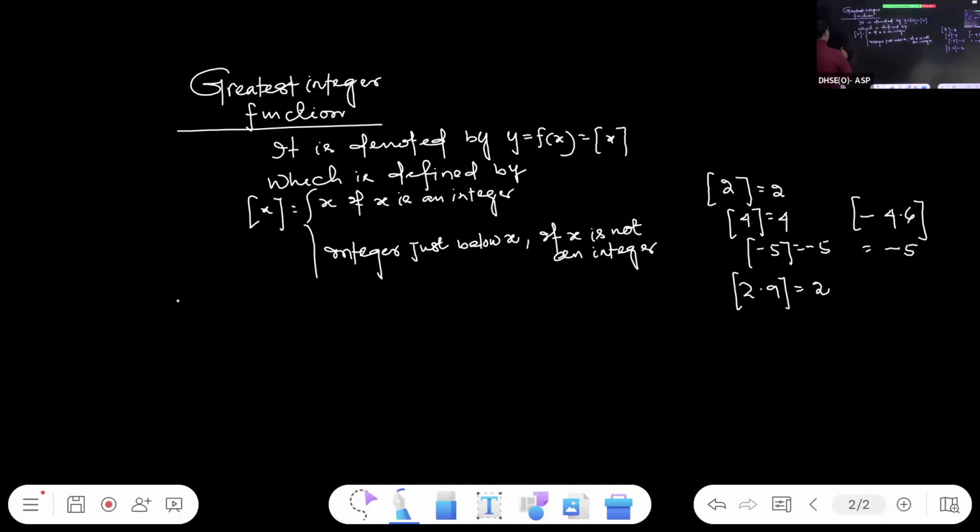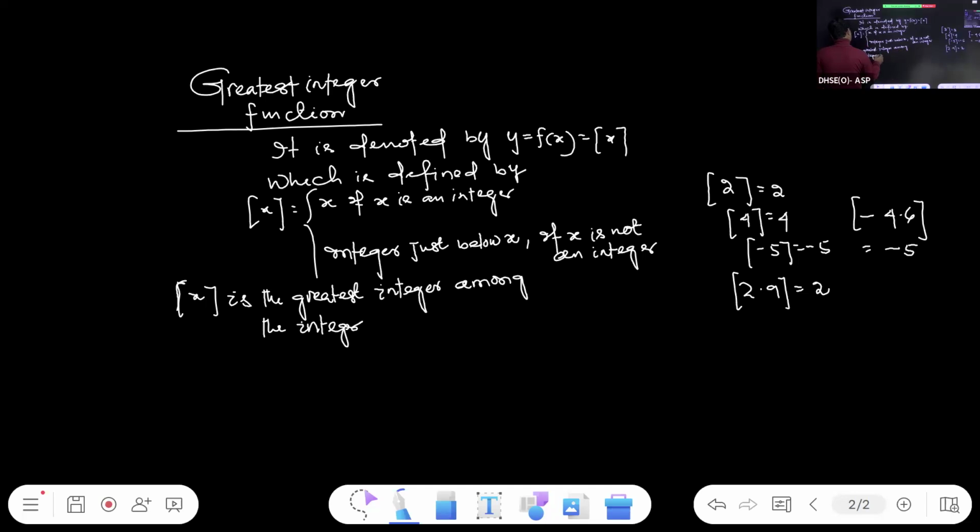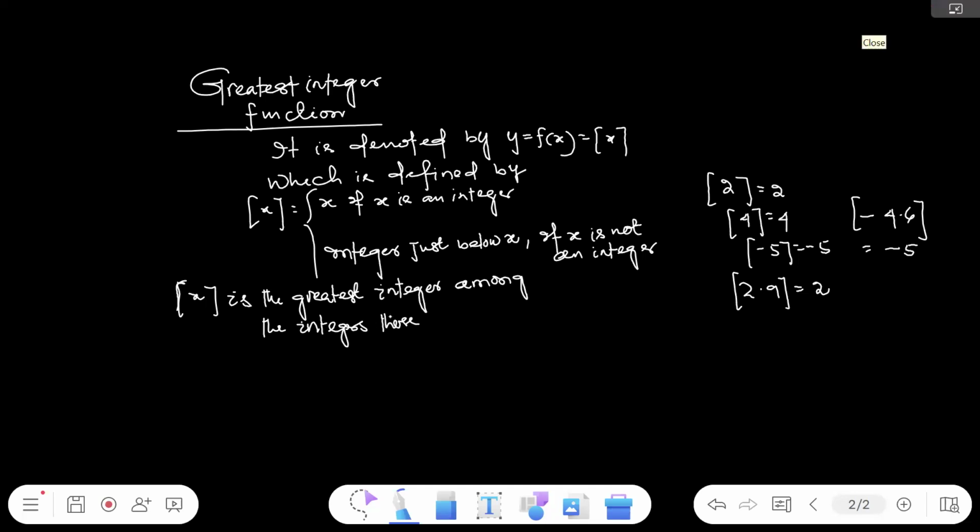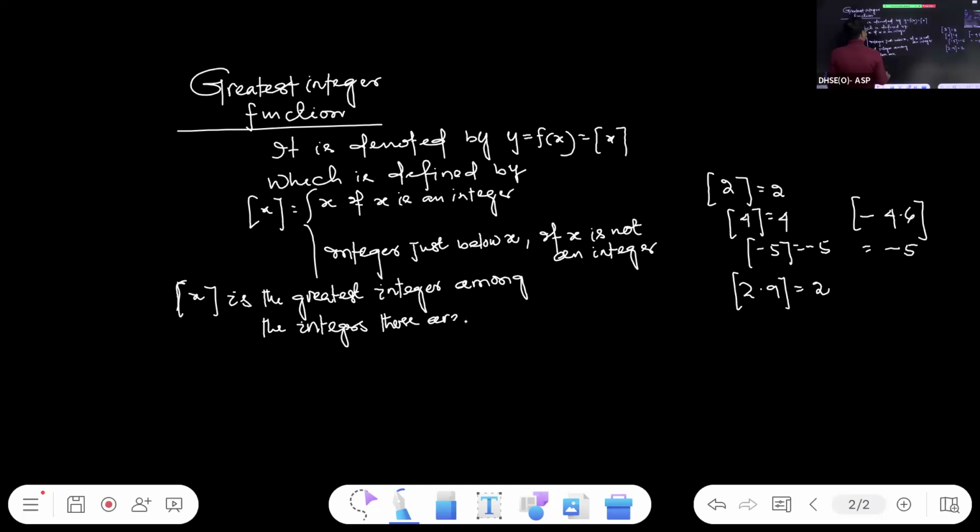So we can write bracket x is the greatest integer among the integers that are less than or equal to x.